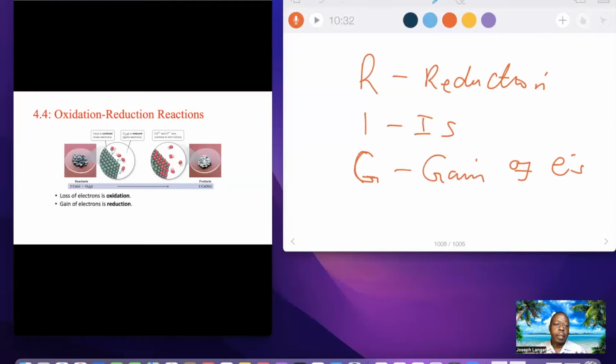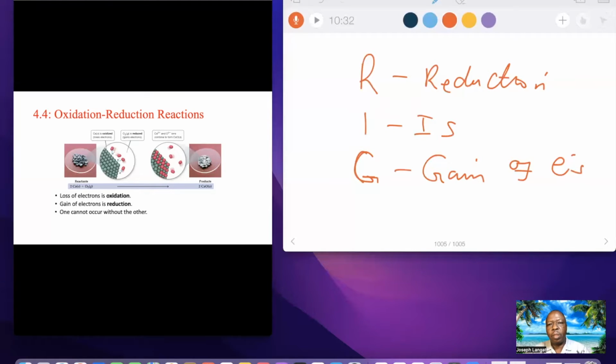That's how you can commit the two terms to memory. You should be able to divide those among the 6 terms I gave you, right? We'll go one by one.